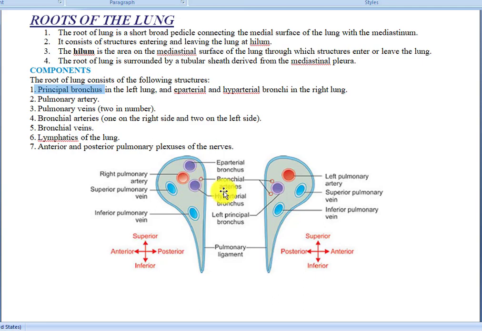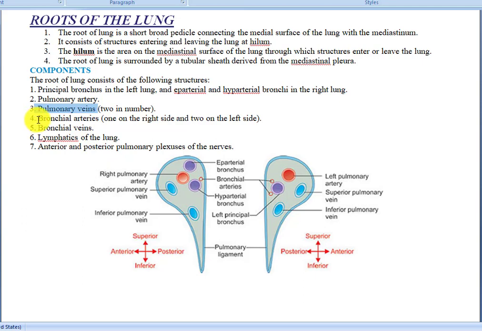They enter the lungs, and in the case of the left lung there is only the left principal bronchus. Then the pulmonary artery, which is common for both. Then pulmonary veins, two in number. Look, these are the two pulmonary veins, superior and inferior, they enter.